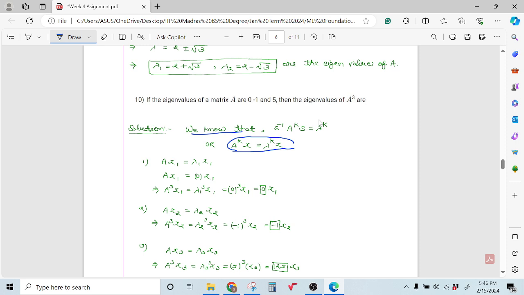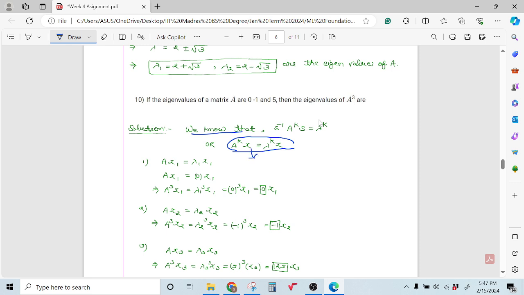So in general, for a matrix A, A x1 is equal to lambda 1 x1. For the first eigenvalue, let us say lambda 1 is equal to 0, and we substitute the value of lambda 1, and we use this property of A to the power k.